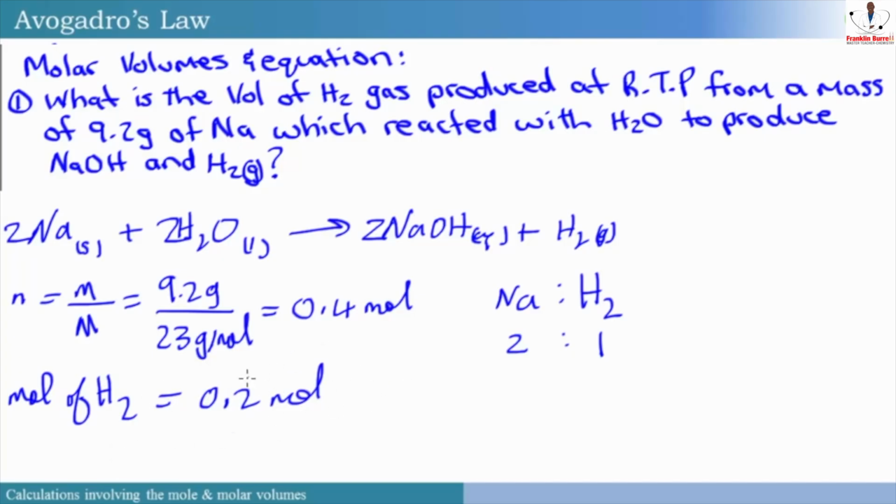So to find the volume now of H2, we must use the formula moles equal volume over 24 at RTP. So we'd say now moles equal volume over 24. Therefore, volume equal moles times 24.